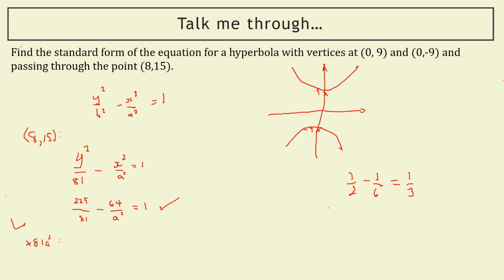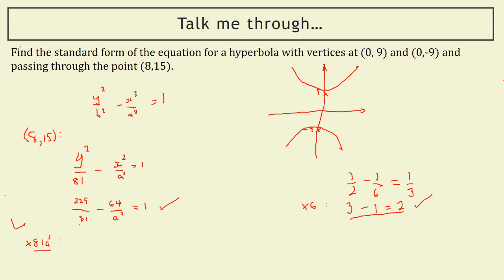I look to multiply by the common denominator. The common denominator of the 2 and the 6 is 6. If I multiply through by that, I get 3 times the 1, 3, because the 6 cancels down to a 3 with the 2 on the bottom. And then there I'll get 1. On the other side, I get 6 divided by 3 is 2. That's still true. But it's a lot easier when I'm working with algebra not to have to worry about fractions. That's why I decide to multiply by the common denominator.